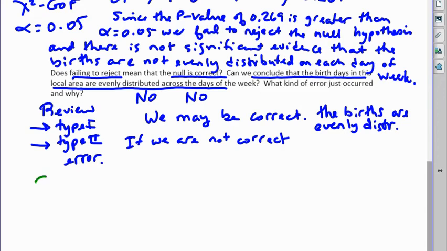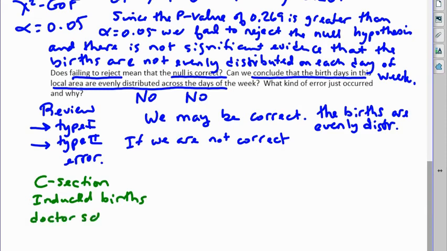I would say, well, given that there's C-sections, given that there's induced births, given that a doctor scheduling one of these induced births or a C-section probably would schedule it for a Monday or Tuesday, just so that if there is a problem, the person would still be there on weekdays. Given these things, I think it does make sense that we might not have been correct.